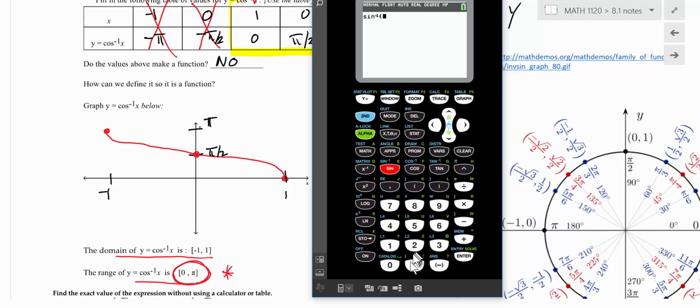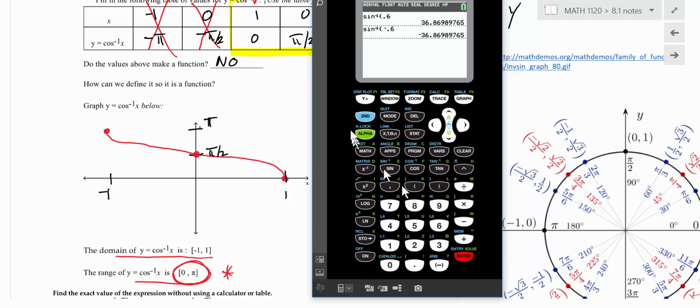Let me show you what happens. If I do like 0.6, notice that what I get is a positive angle. If I do the inverse sine of -0.6, look what happens. You get a negative angle like I was showing you, because the inverse sine is defined to give you answers from -90 to 90. Now your calculator is programmed to do this correctly, so I'm trying to program you to do it correctly, you see.